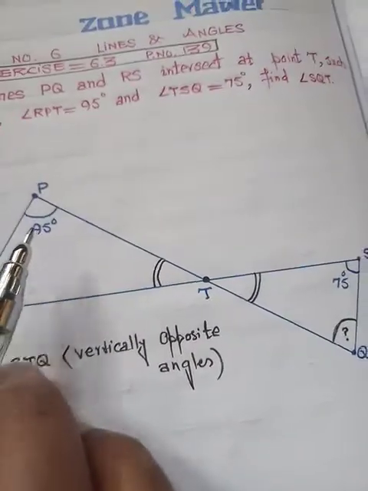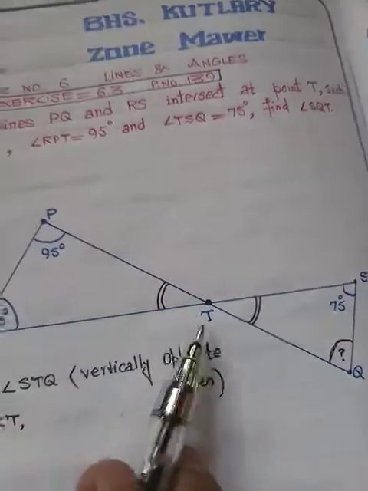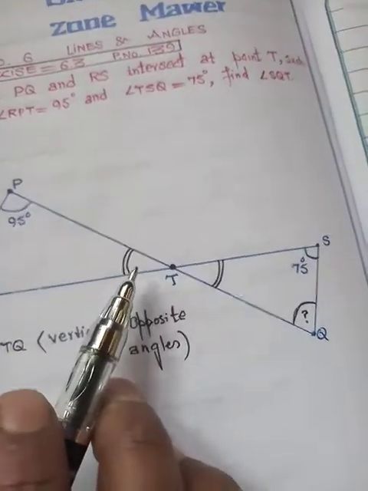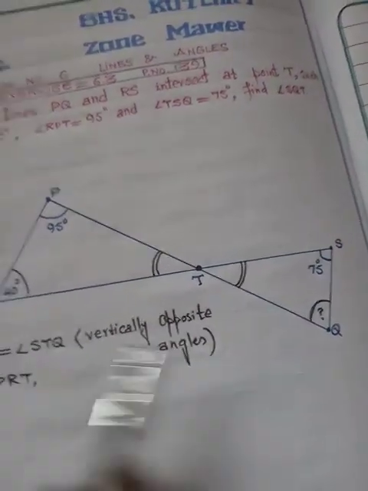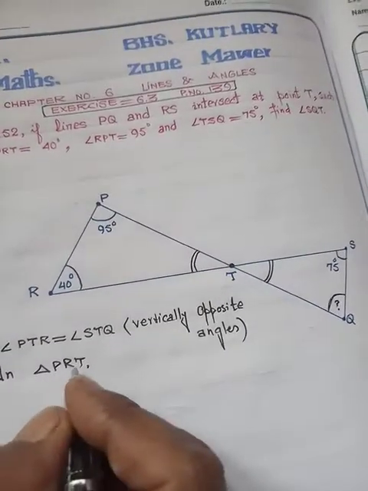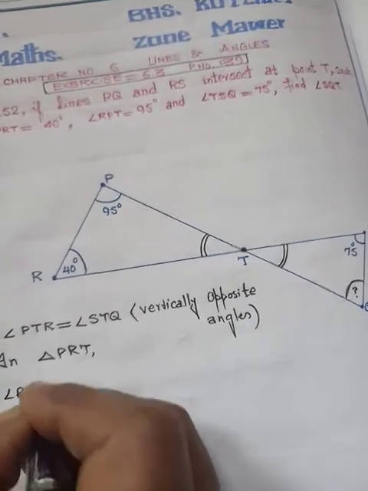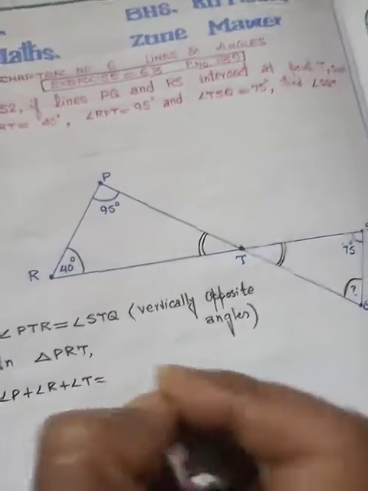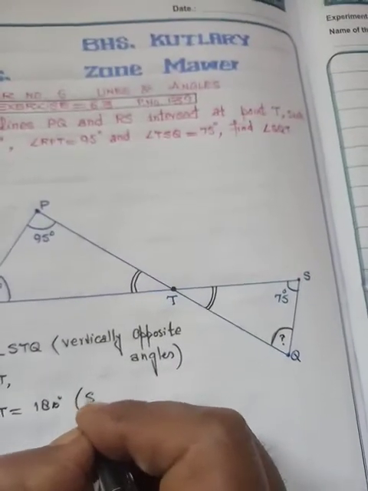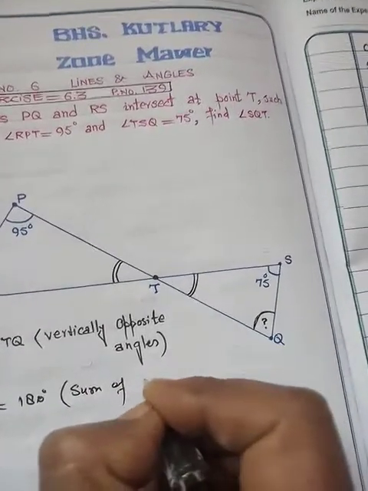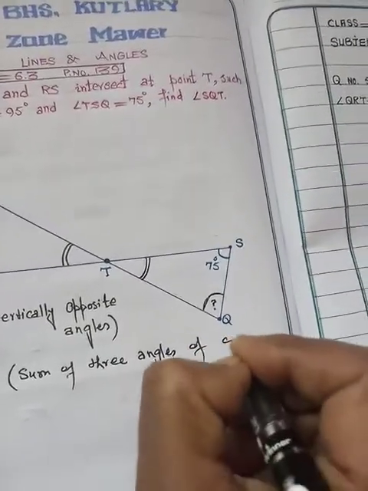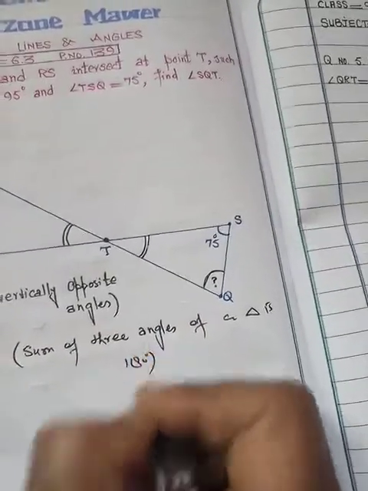Here in this triangle PRT, out of these three angles, two are given, so we can easily find the third one, this angle PTR. We write here, therefore, in triangle PRT, angle P plus angle R plus angle T is equal to 180 degrees. In brackets we write: sum of three angles of a triangle is 180 degrees.